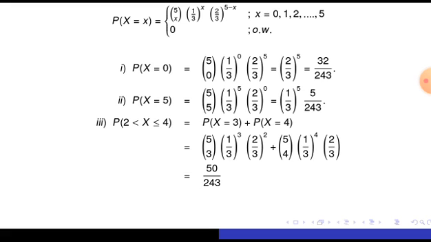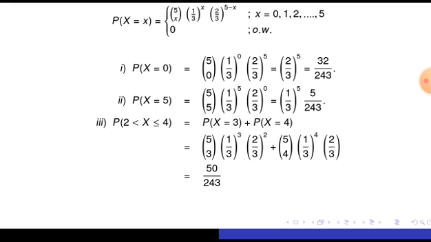And that turns out to be 2 raised to 5 divided by 3 raised to 5, and that is 32 divided by 243. Of course, you have to compute this with the help of calculator. Even you can simplify this quotient further using calculator, and you will get the value in between 0 to 1. Okay.